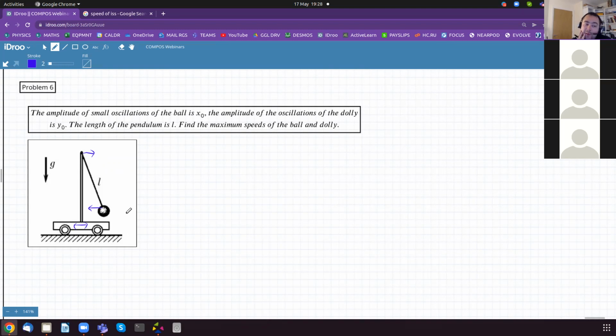And here we remember about the center of mass. They will oscillate around the center of mass. So let's say the center of mass line is somewhere here.